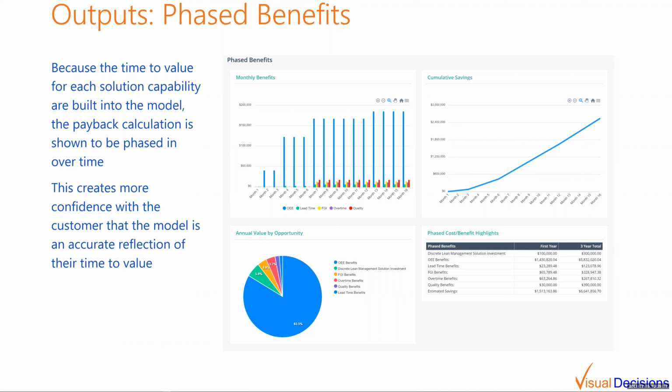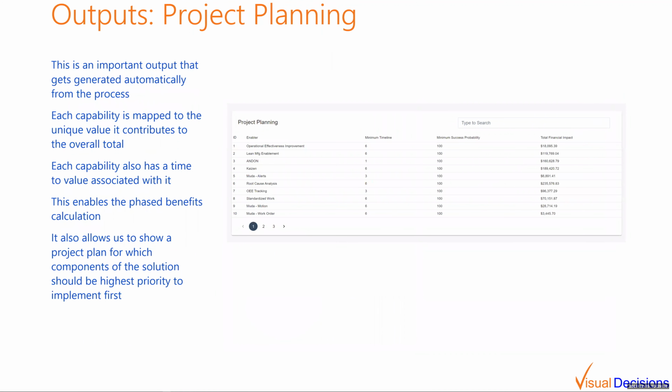And then, continuing on, looking at the project planning for the different things that we're going to do, the different individual initiatives as part of this overall program, how much of an impact do we think that those things are going to have, so that we can do that trade-off between what is the timeline for that initiative, what is the amount of value that we think we can achieve, and how do we best balance that time to value versus overall value.